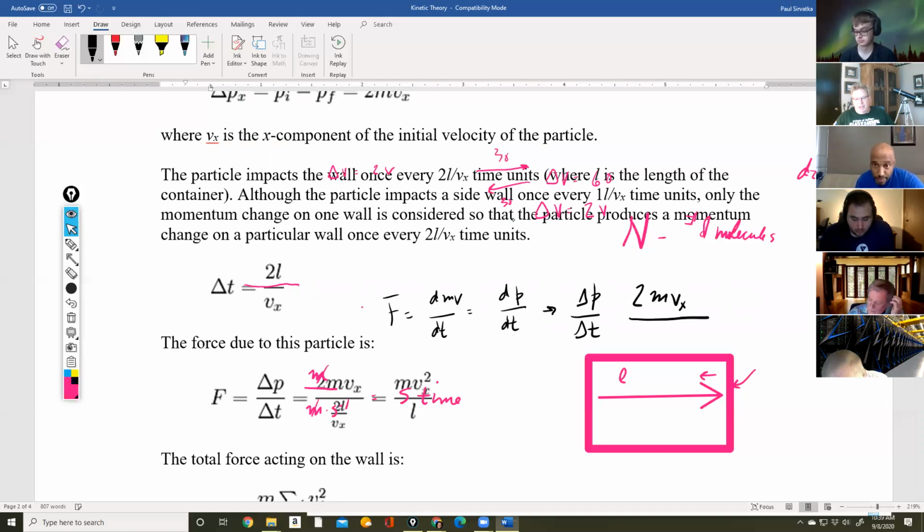And the time it takes is 2 times the length over Vx. So do you understand that the 2's go away and we get the mass times the velocity squared all over the length? So it's 2mVx over 2L over Vx. I need to put an x in there.